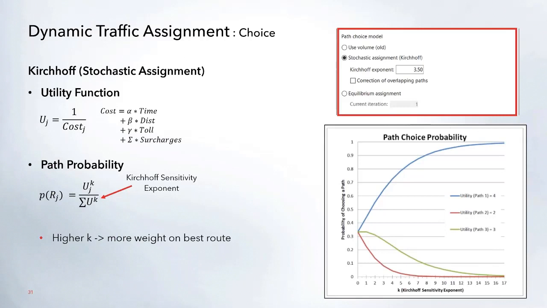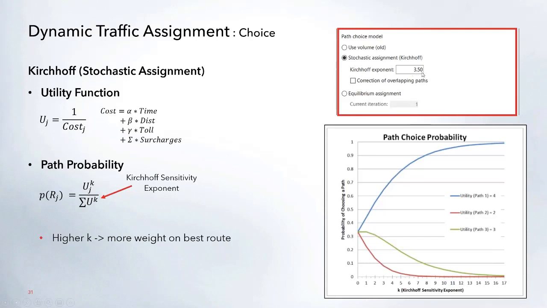Again, this is going to look at the travel time on the path, the distance, any financial toll charges, and any user-defined surcharges. Using this cost function, we'll create that utility function. Then that utility function will get applied in the path probability function in order for vehicles to be able to choose what path to take.